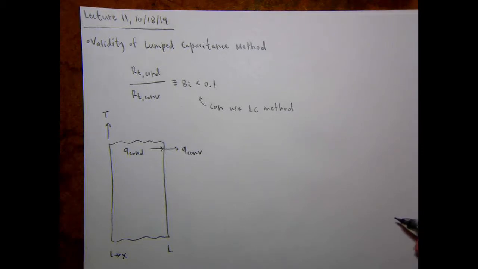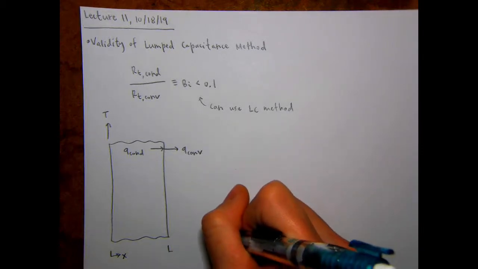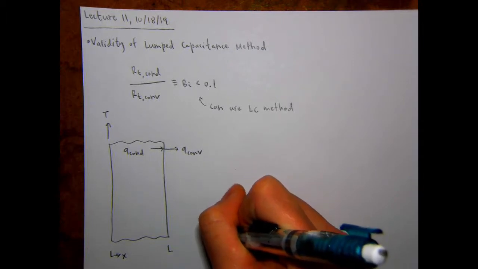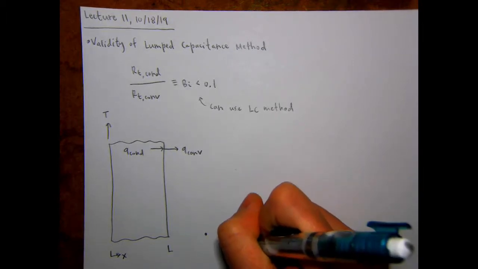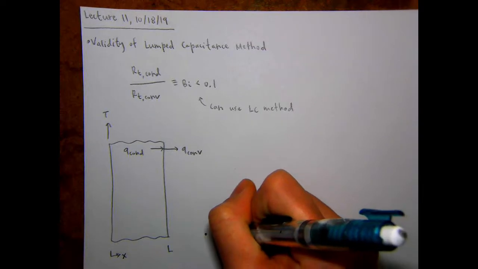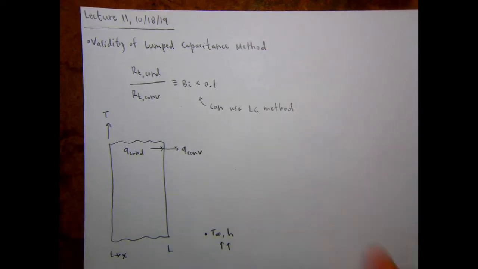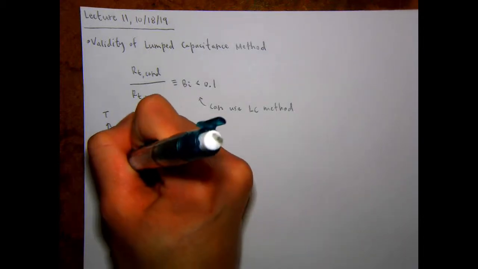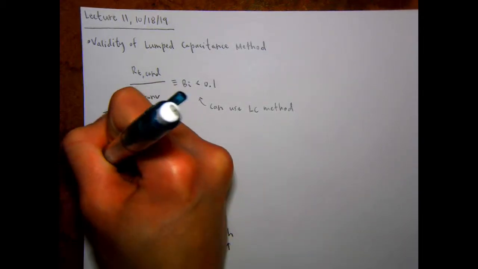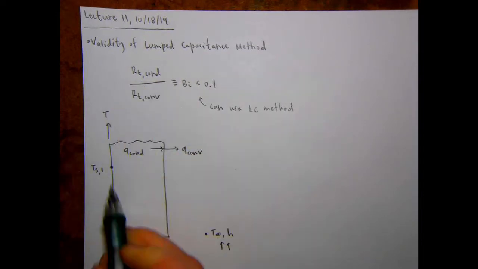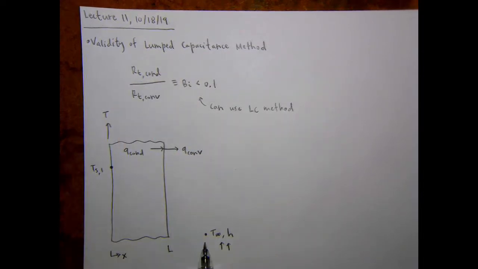Then we're going to draw this graphically. We'll say we have some uniform flow down here that has a temperature T sub infinity and a convection coefficient h. So we're plotting the ambient temperature right here with this dot. And then we'll say the surface temperature on the left-hand side, Ts1, is quite a bit greater than the ambient temperature.